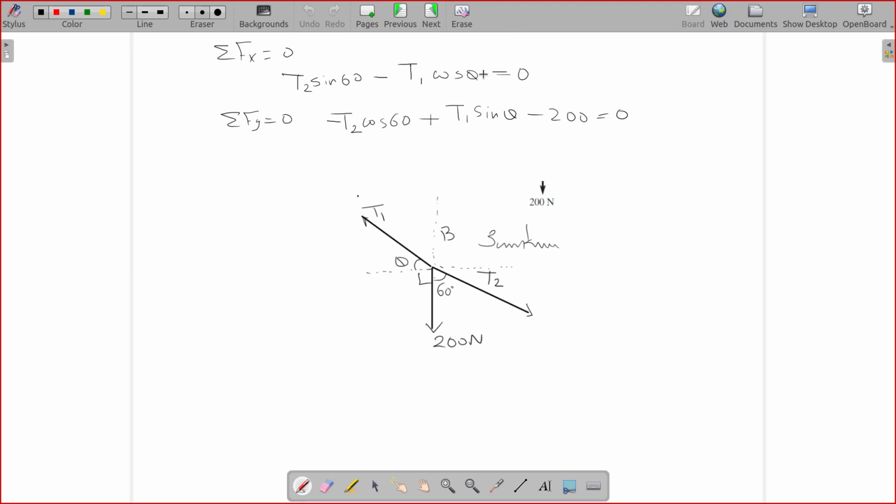Once you divide, T1 will get cancelled out, and you will have tan theta. You get the value of theta directly, and that value can be back substituted here to get the value of T1.